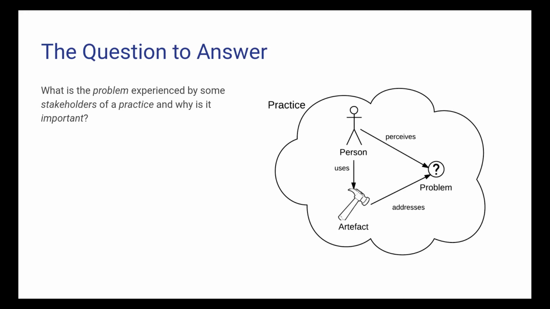The overall question to answer in this activity is: what is the problem experienced by some stakeholders of a practice, and why is it important? The point is that initially stakeholders often have quite a vague understanding of the problem they perceive or experience. And this vagueness means that it is difficult to address the problem and to assess whether you have succeeded in solving the problem.